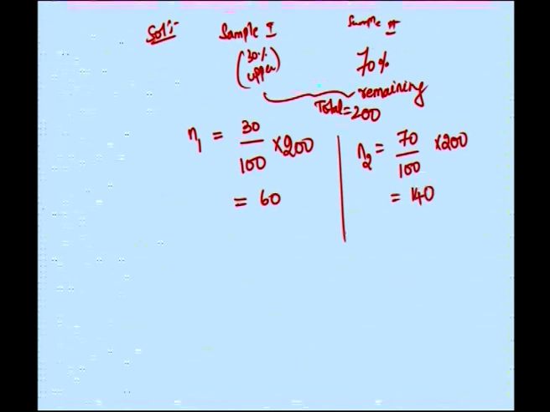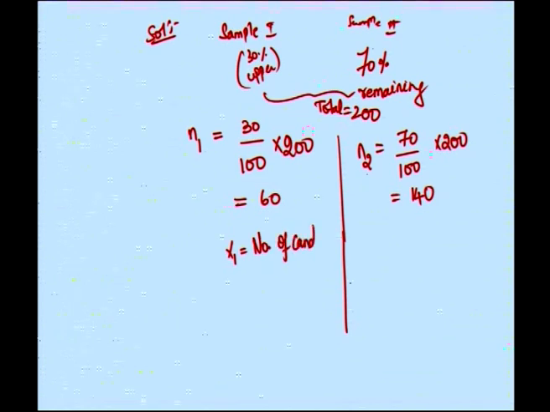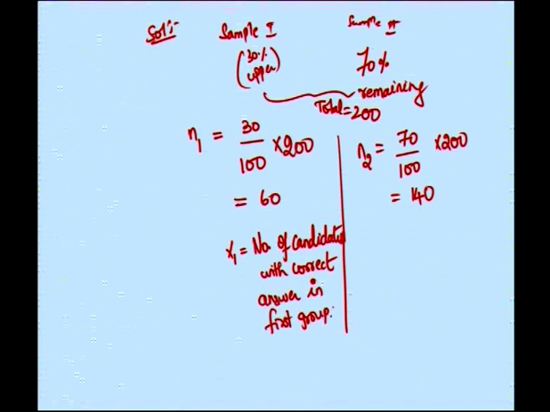So, n1 is 60 and n2 is 140. Then x1 represents the number of candidates with correct answer in first group, that is equal to 40. Similarly, x2 will be the same thing, but in second group.